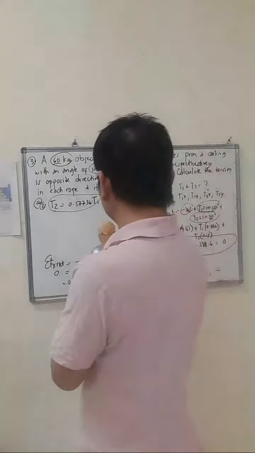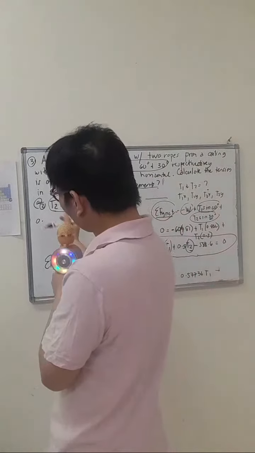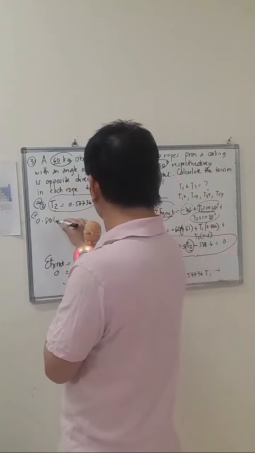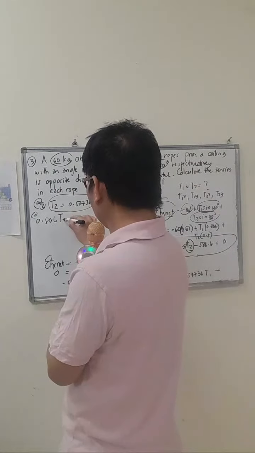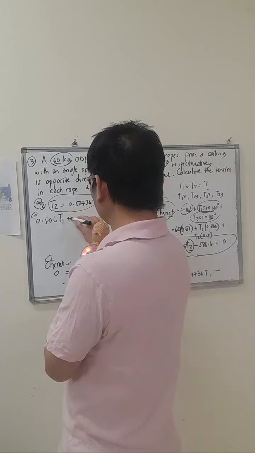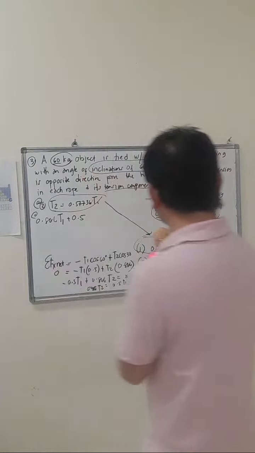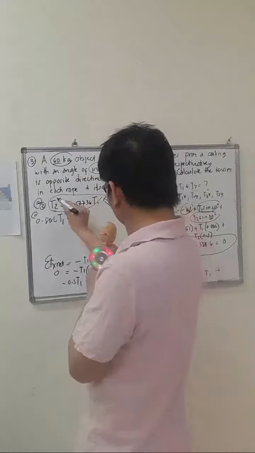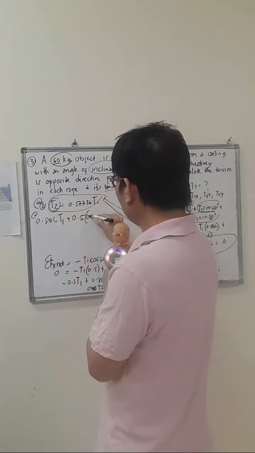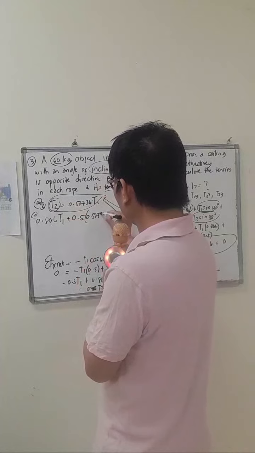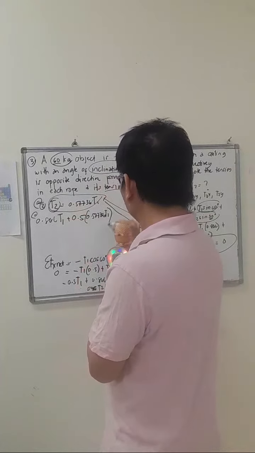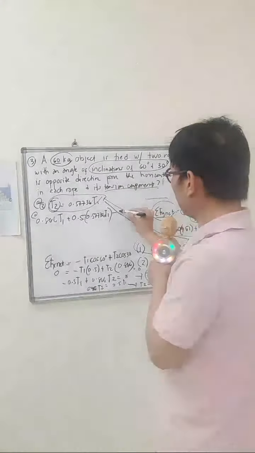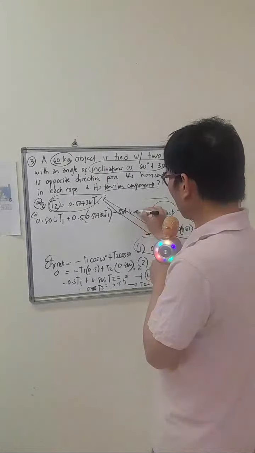From equation 1, it's 0.866 T1 plus 0.5 times the value of T2, which is 0.57736 T1, and then minus 588.6 is equal to 0.